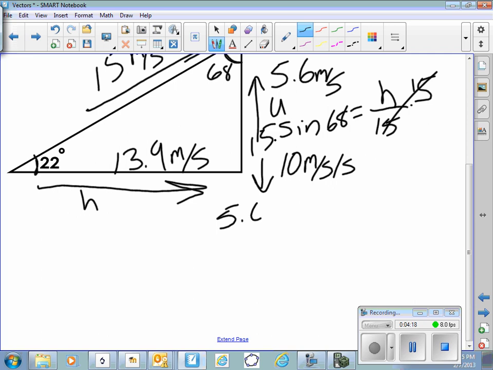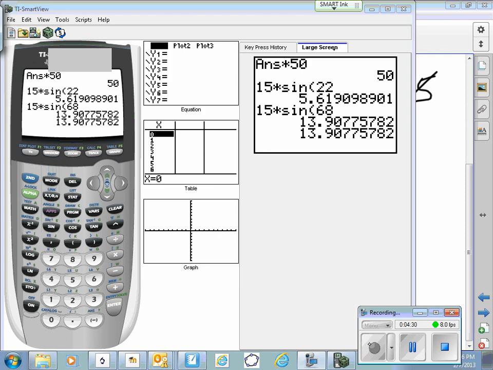So our 5.6 meters per second divided by 10 meters per second every second gives us 5.6, oops, no, sorry, 10 divided by 10.